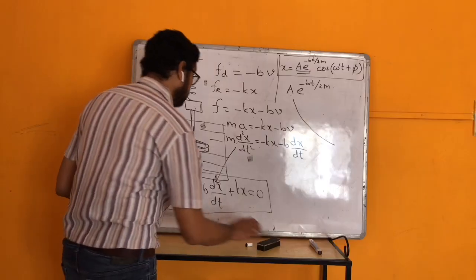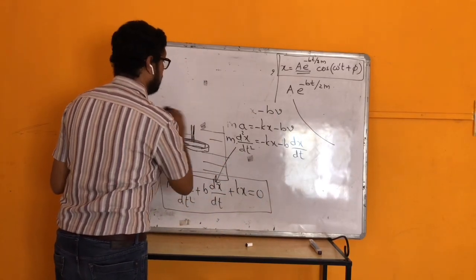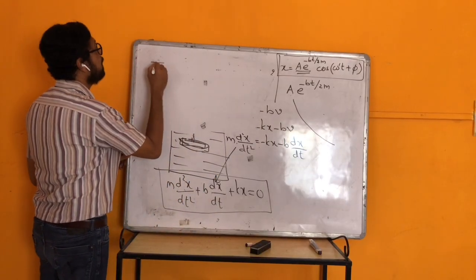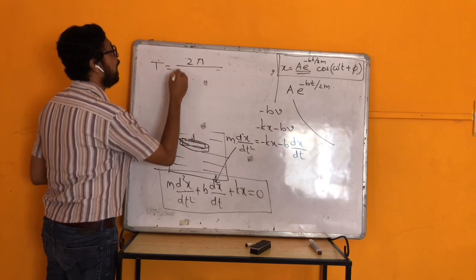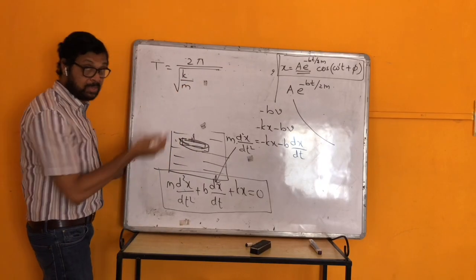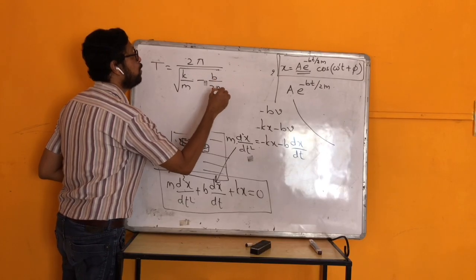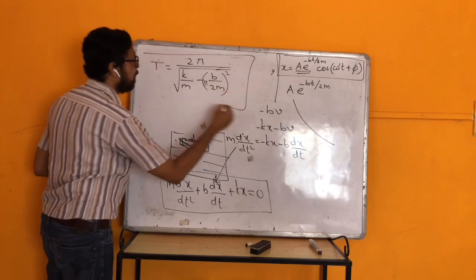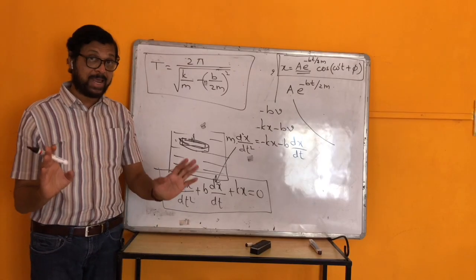And the periodic time of the damped oscillation is given by T is equal to 2 pi upon under root k by m minus b upon 2m square. This is the formula for periodic time of a damped oscillation. Again, I am repeating it.